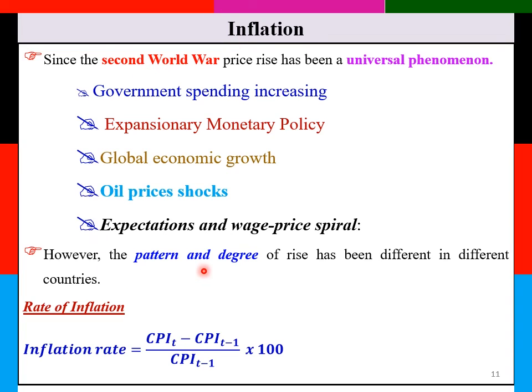However, the pattern and the degree of rise has been different in different countries. The rate of inflation, the formula that we can use to calculate inflation here: inflation rate is equal to consumer price index at time t minus consumer price index at time t minus 1 year lag, over consumer price index 1 year lag, or last year's consumer price index.